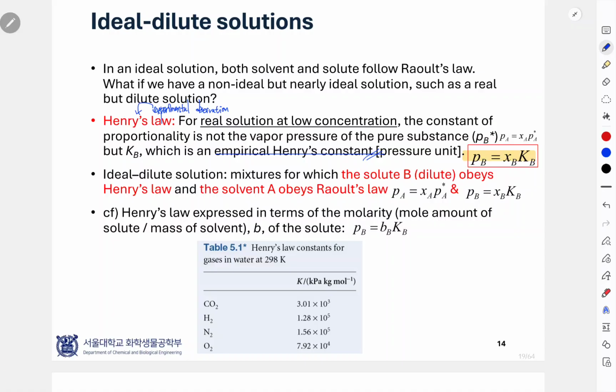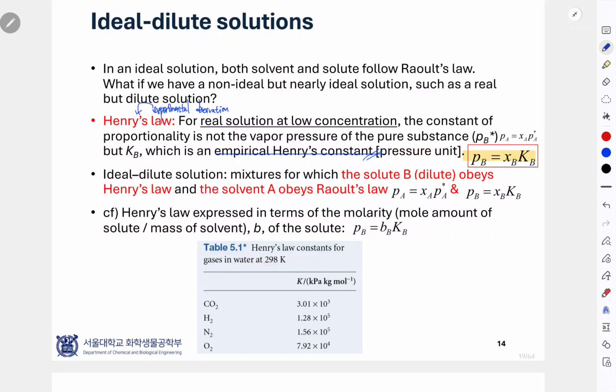So an ideal dilute solution means that the solute is very dilute and obeys Henry's law, and the solvent A obeys Raoult's law, like this condition. There are some examples of Henry's constant. And for practical application, Henry's law is expressed in terms of the molality of the solute.